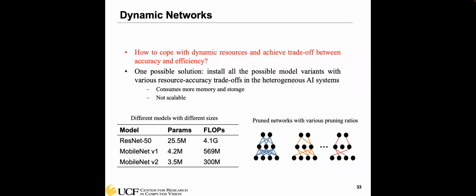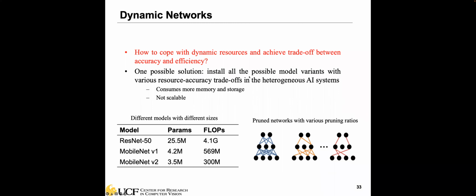When the battery level goes down, the network can adaptively change its structure to reduce the model size or the computation cost to fit the budget on the drone. So that's a very interesting research area, developing this kind of dynamic network.